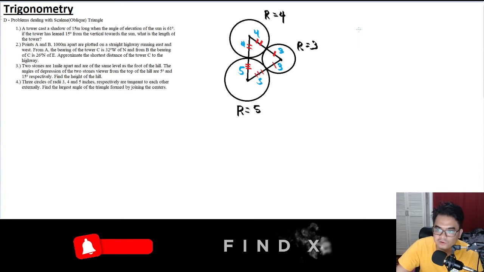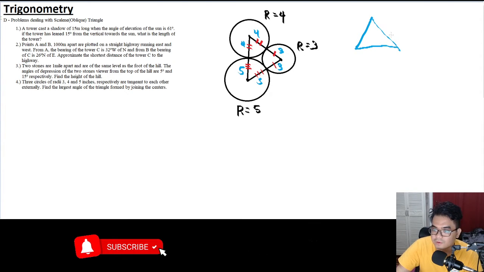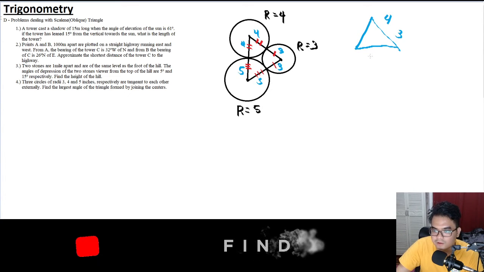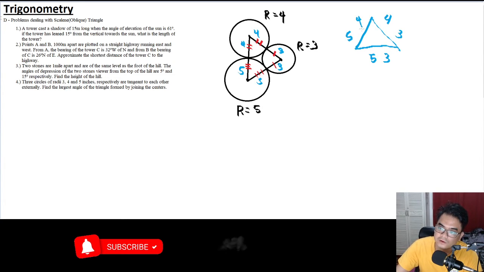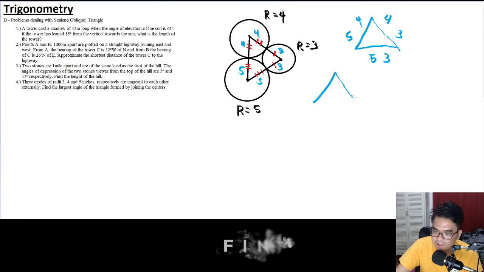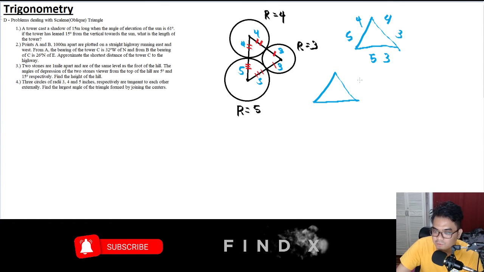So if I isolate that triangle, you'll have something like this. We got 4 and 3 here, 5 and 3 here, and 5 and 4 here. So isolating the triangle again and adding the sides, you'll have a triangle with sides 7, 8, and 9.